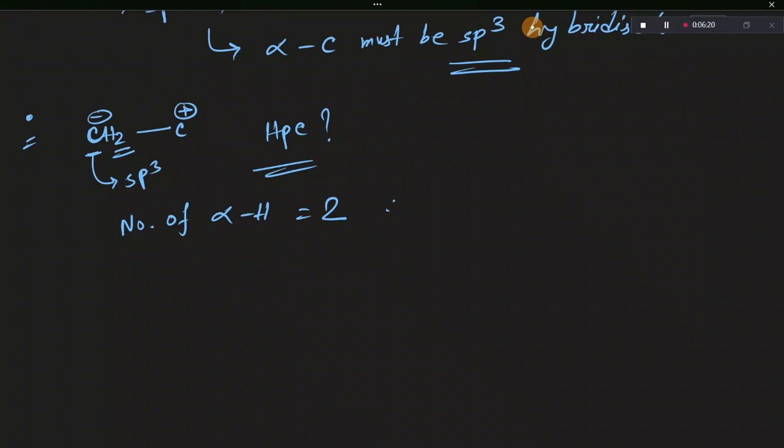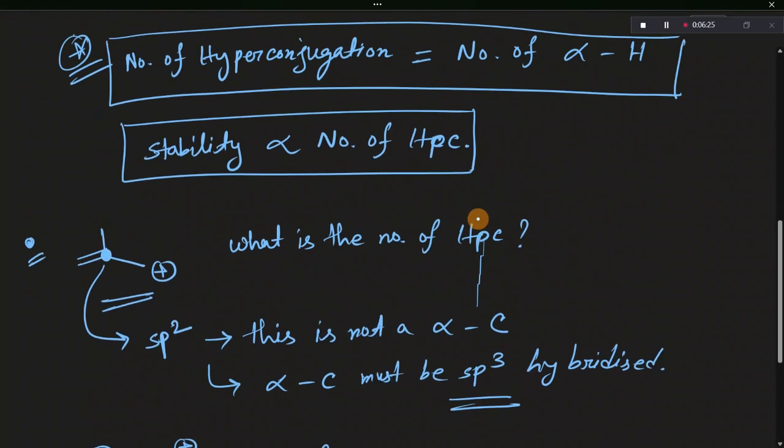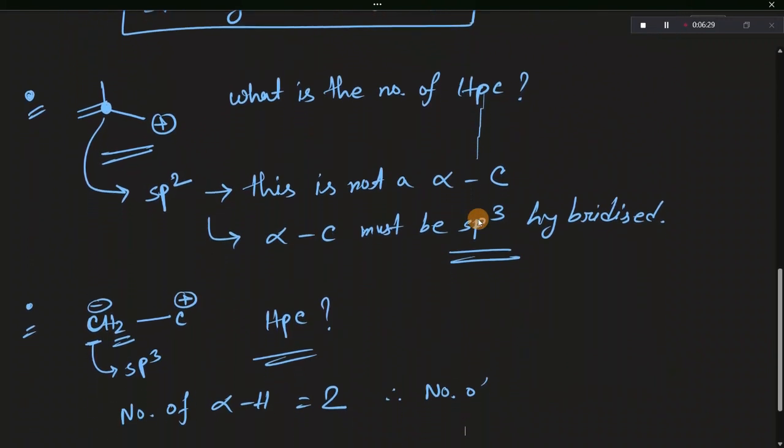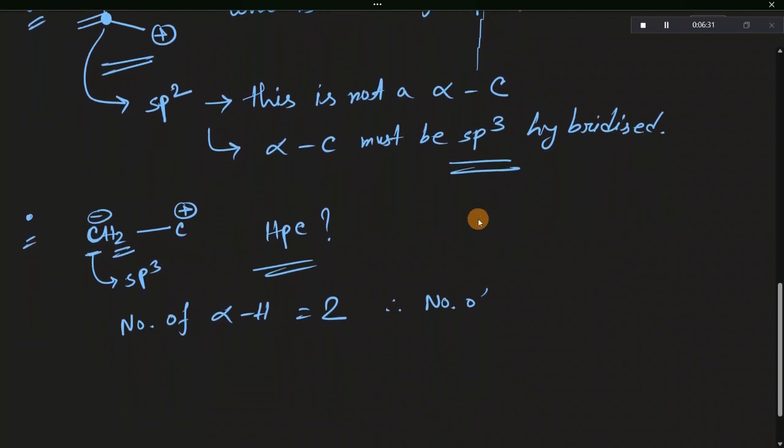That means the number of hyperconjugating structures is also 2.